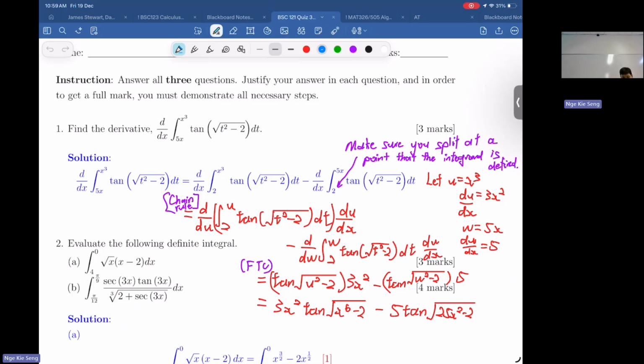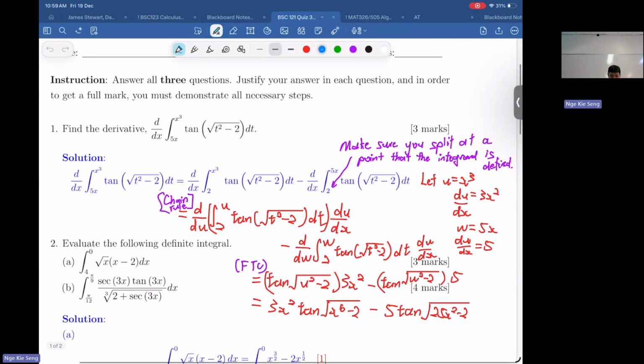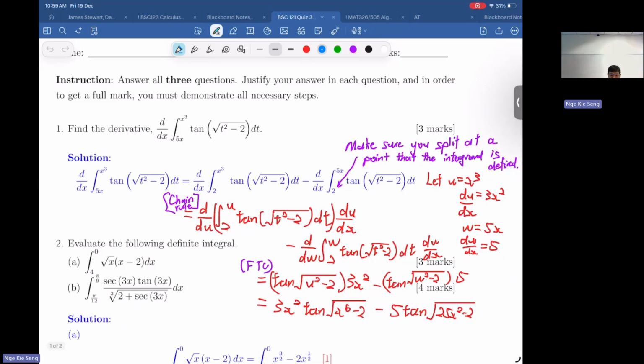Okay, so for the first question, I think we did it in the lecture before, but few of you say that this is a Leibniz derivative rule or something like that. So where did you find that term?